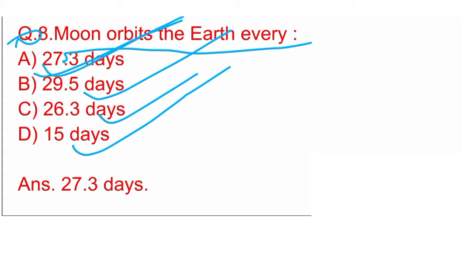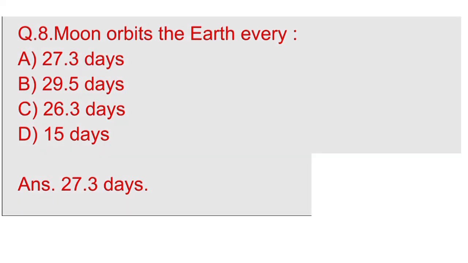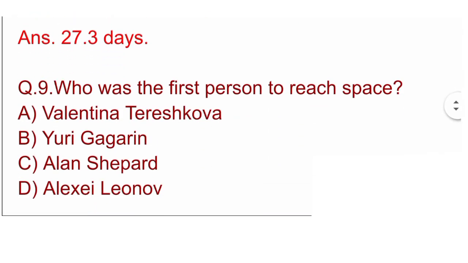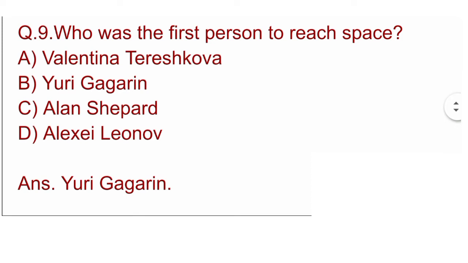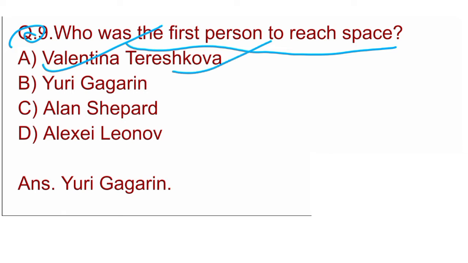Question number 9: who was the first person to reach space? Option A, Valentina Tereshkova; option B, Yuri Gagarin; option C, Alan Shepard; option D, Alexei Leonov.